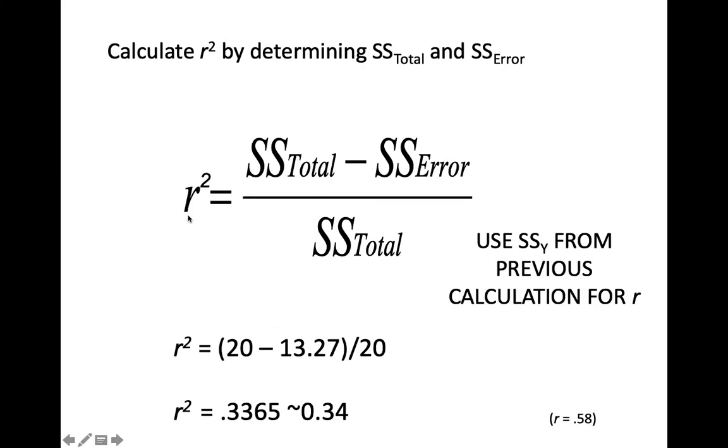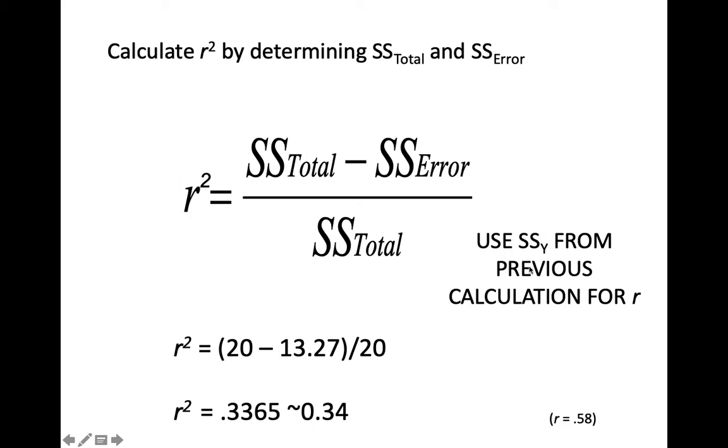So our R squared is determined by taking the total amount of error that we would have if we use the mean. This is just the sum of squares in y. So indeed, what we want to do is go back and use the sum of squares y from our previous calculation for r. This is capturing the overall variability in y.